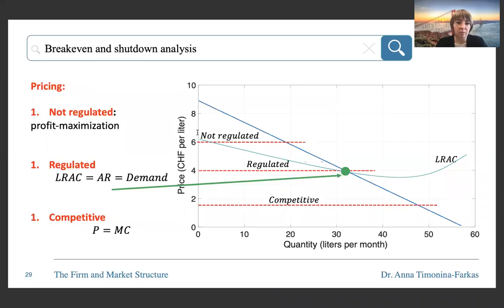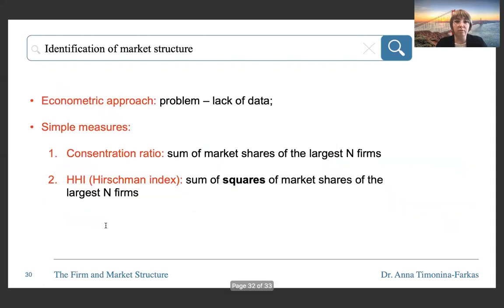In a non-regulated market, one is able to maximize profit and fully profit from the demand. In a regulated market, the long-run average cost curve is equal to the average revenue and to the demand. In the competitive market, where the price is even lower, price is equal to the marginal cost.